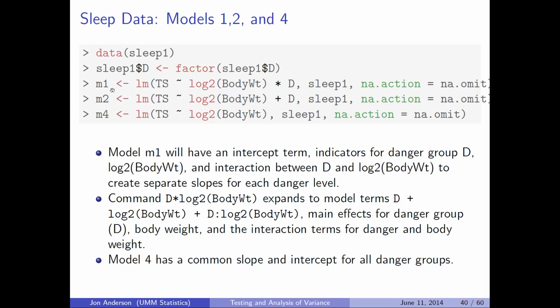Model M2 is the main effects parallel lines model, and model M4 doesn't have a danger group in it. It only has the quantitative variable log 2 of body weight, and so this would be a single straight line mean function for all danger groups. So again, model M1 will have interaction between danger grouping and the quantitative predictor.